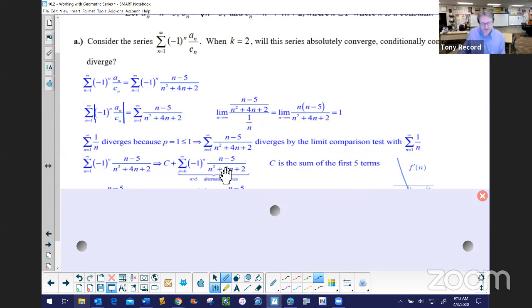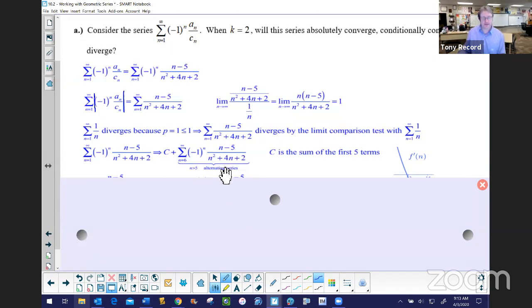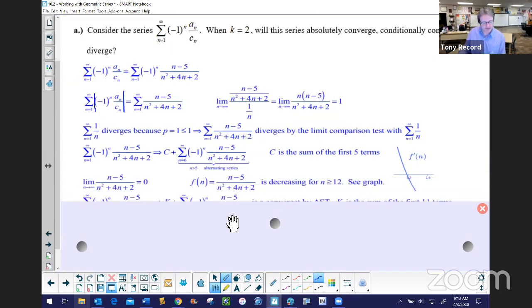So we take a look at this and we apply the 2 criteria from our alternating series test. Criteria number 1, once again, we take the limit of the non-alternating component. That would be this expression here, and that limit does produce a 0. Check, right? That's a desirable outcome that we wanted.